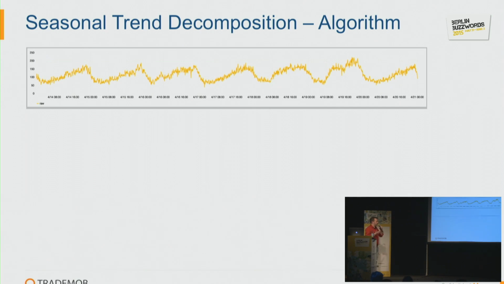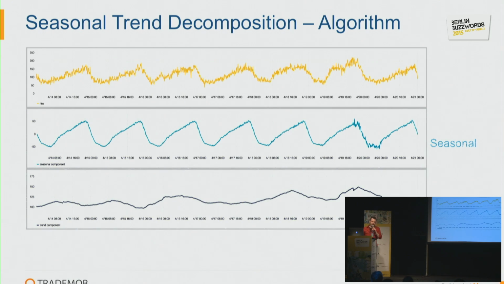It's using the fact that most of our metrics have this inherent seasonality, which is 1 day usually. So what we see here are 7 consecutive days, and I guess the pattern is quite obvious that those are daily metrics, and by the use of this, you can then apply this algorithm and decompose this time series into 2 parts.